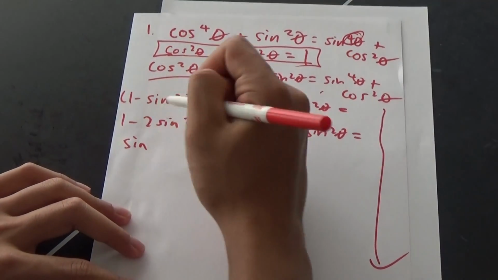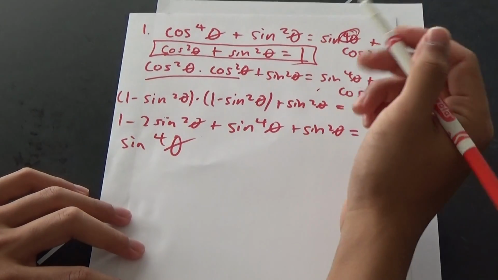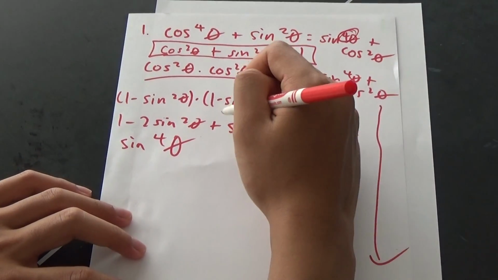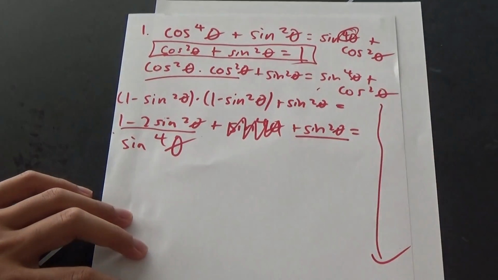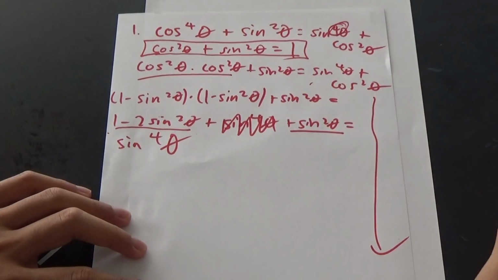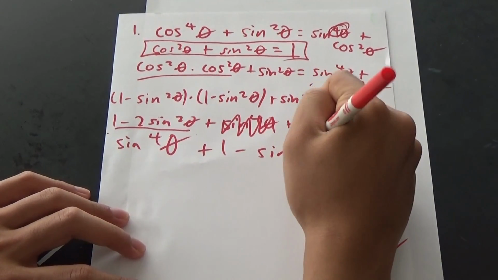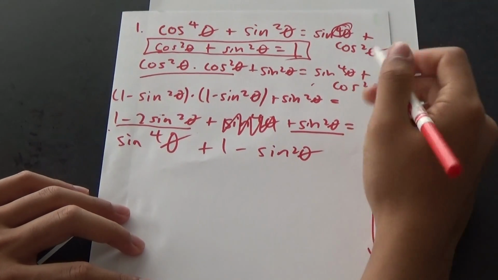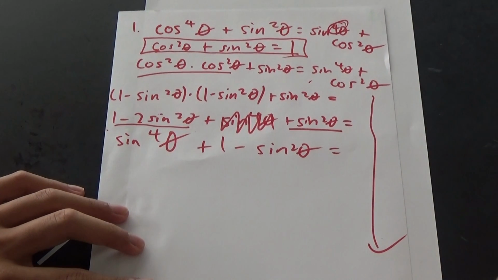You already found your sine to the 4th, so hallelujah. And now all you have left is this and this. So we're going to go ahead and add like terms. Plus 1 minus sine squared theta. Remember, still equals sine to the fourth plus cosine squared.